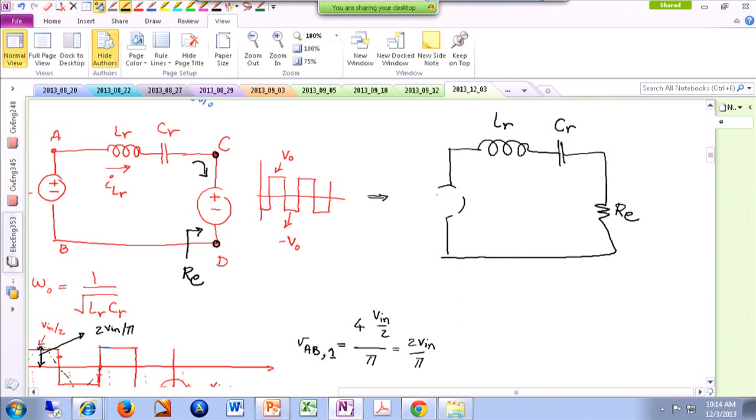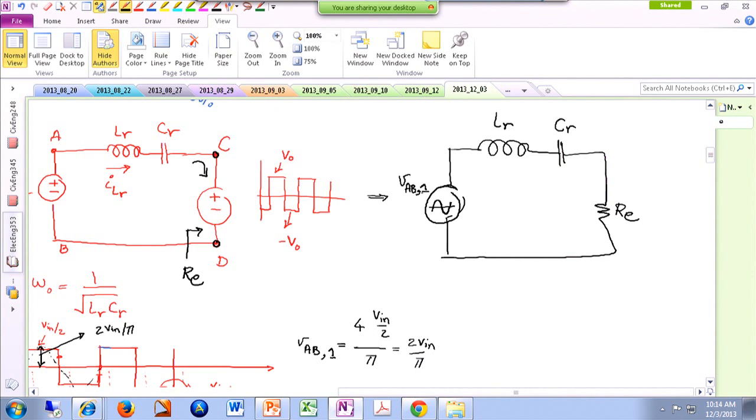And even instead of this source, I can consider I have a sinusoidal source, and that is basically VAB fundamental harmonic. Okay, so you'll keep reducing the system so that in the end you have something that you have seen in circuits one AC source and a linear network of resistors, capacitors, and basically a bunch of impedance.